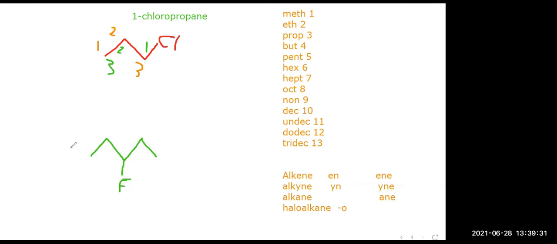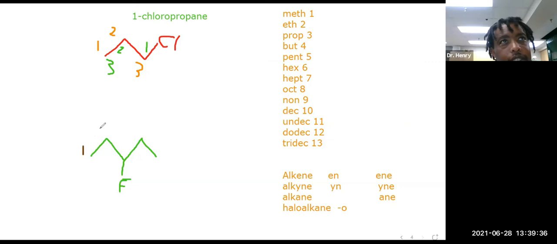We're going to count, find the longest chain. So that's 1, that's 2, that's 3, that's 4, that's 5. So that will be the longest carbon chain. Okay. So on the third carbon, there's a bond between the carbon and the fluorine. So if I count it the other way, that's 1, that's 2, that's 3. So it didn't matter which way I go.